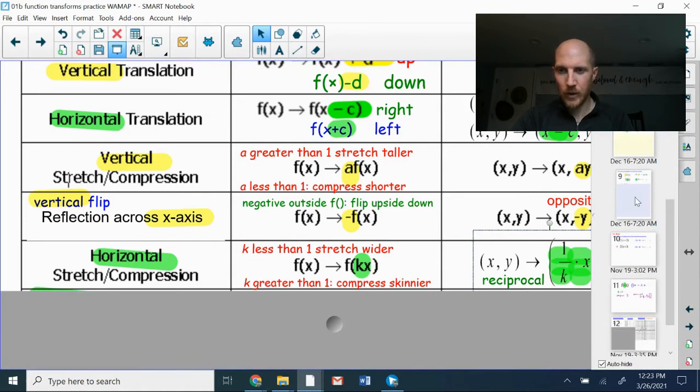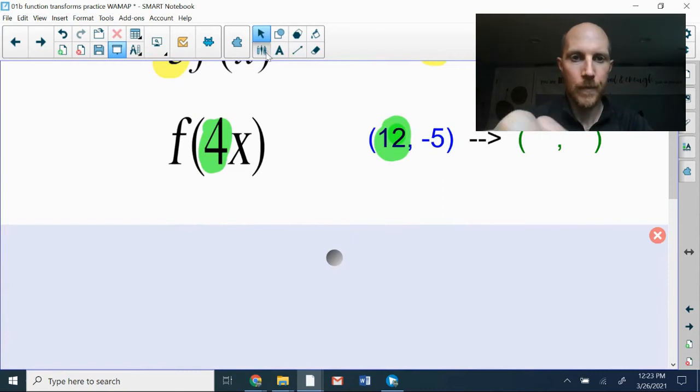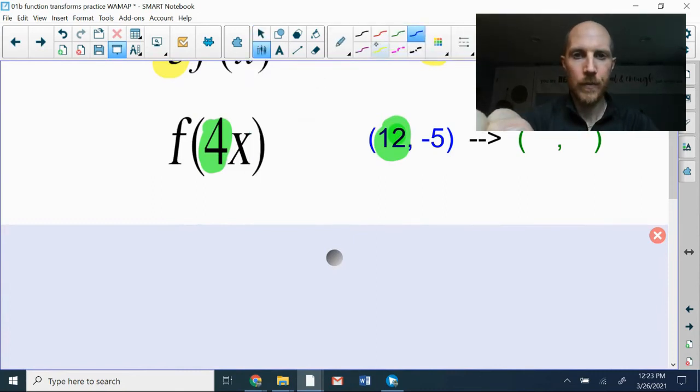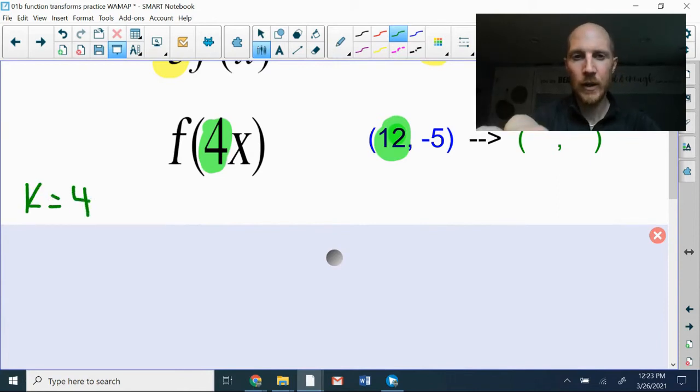So let's see what that's going to look like for us. Okay, so inside the function notation, the k number, that's my coefficient, that's 4. I need to get the reciprocal. The reciprocal of 4 is 1/4.